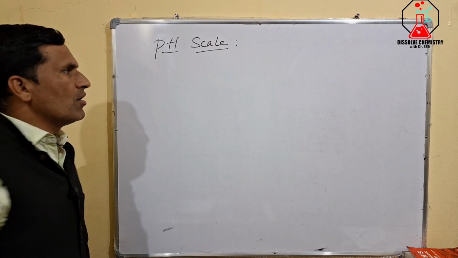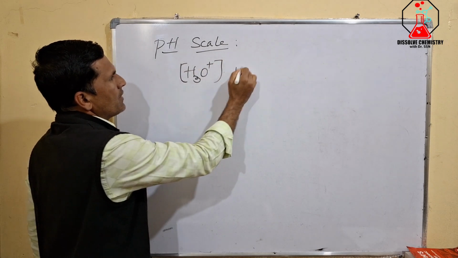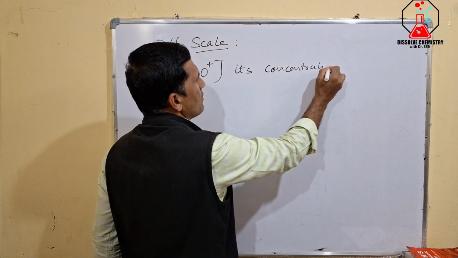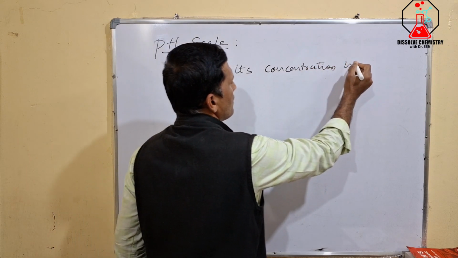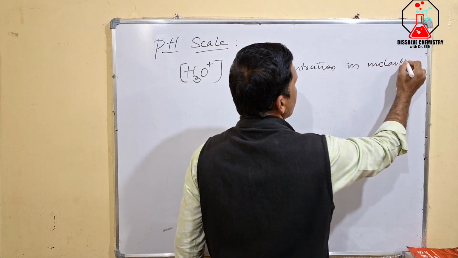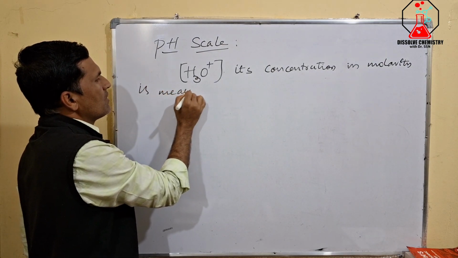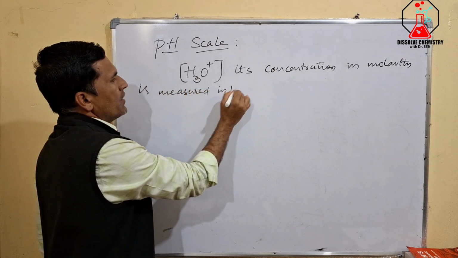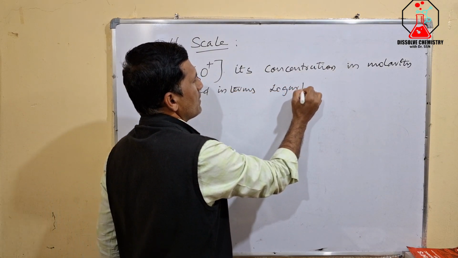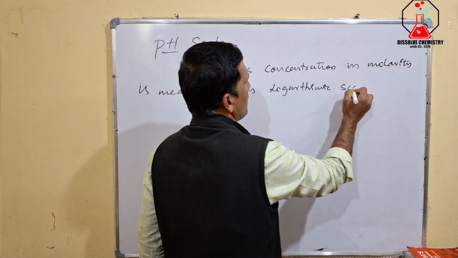The hydronium ion, that is H3O plus, its concentration in molarity is measured in terms of a logarithmic scale.